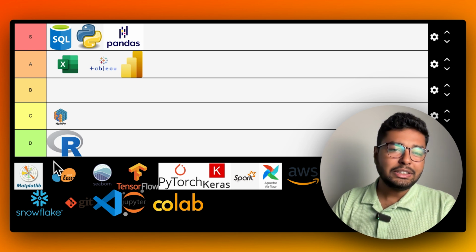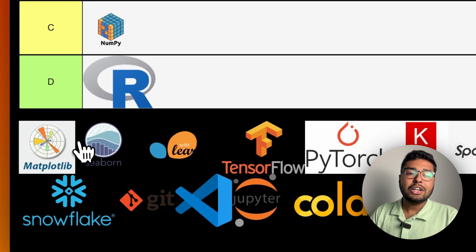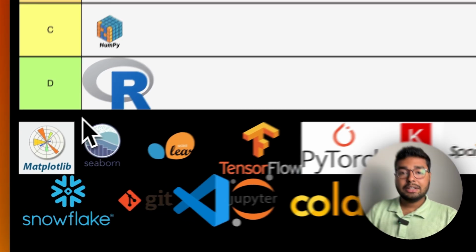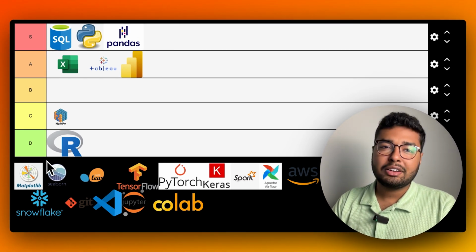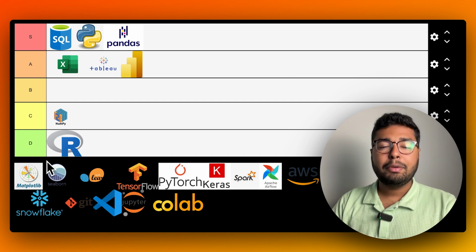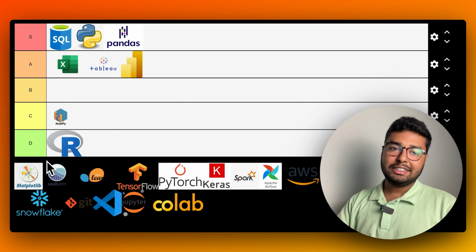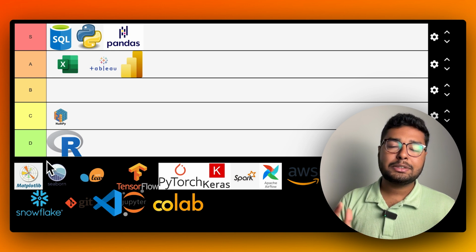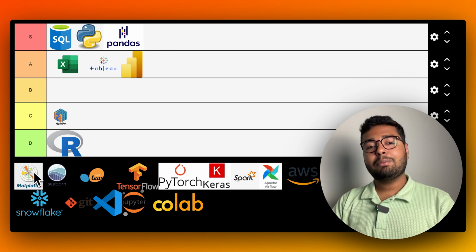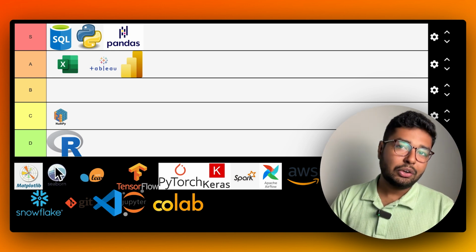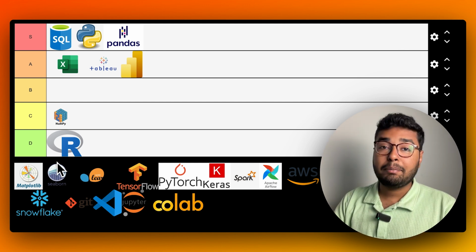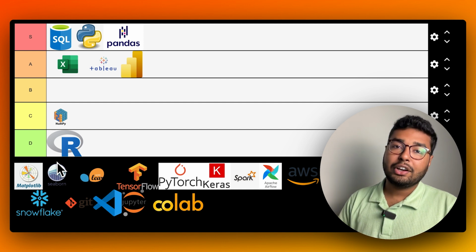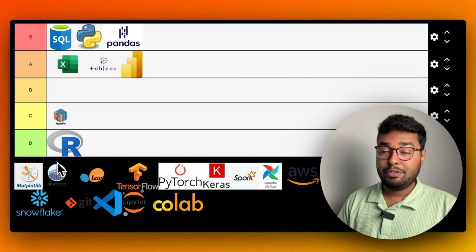So next one is Matplotlib, and I have also added Seaborn. Seaborn is built on top of Matplotlib. Seaborn is a much better alternative to Matplotlib because of the syntax. It has an easier syntax, but Matplotlib is more versatile. I'm going to rank Matplotlib and Seaborn in the same tier. For those who don't know, Matplotlib and Seaborn are used to plot graphs to visualize your data using Python. This is a very good alternative to Tableau and Power BI if you are a data scientist.